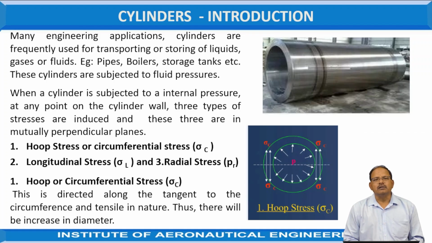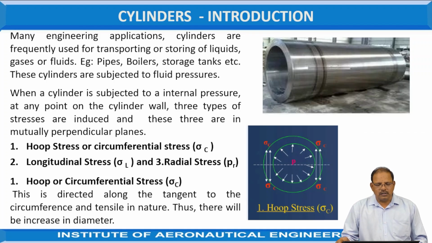Because of fluid pressure, the cylinders are subjected to three types of stresses: hoop stresses, also called circumference stresses, longitudinal stresses, and the third one, radial stresses. The first two, hoop stresses and longitudinal stresses, are tensile in nature, and the radial stress is compressive in nature.